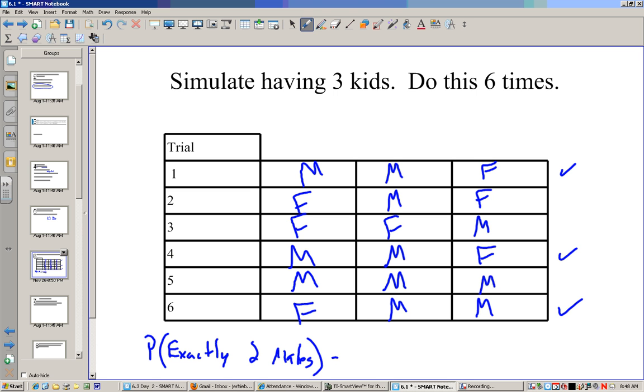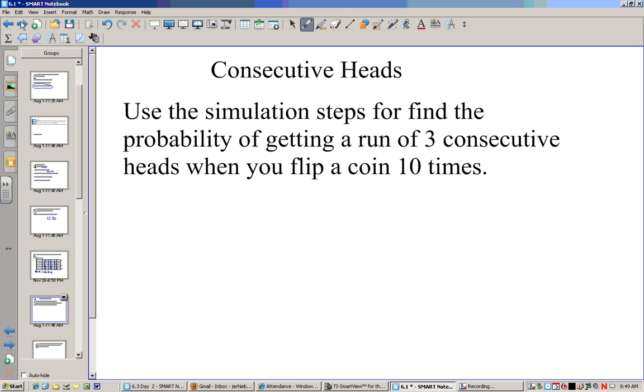So the simulated probability would be 3 out of 6, which is 1/2. So about half the time they would have exactly 2 males. Now, having 6 trials isn't really enough trials to get a good probability that's close to the theoretical probability. So the more trials we do, the better the probability we get.